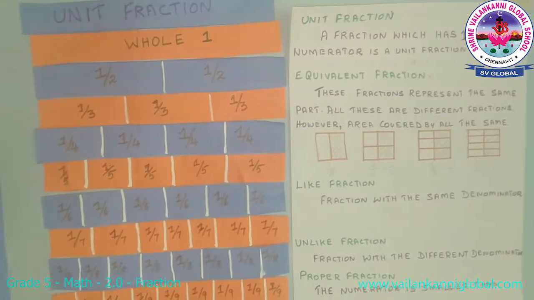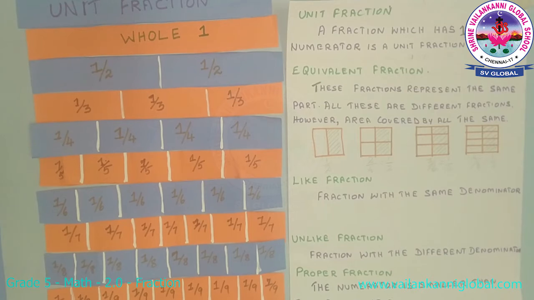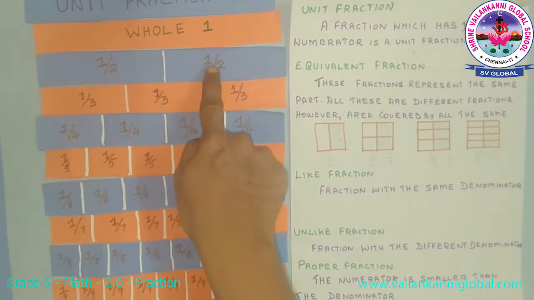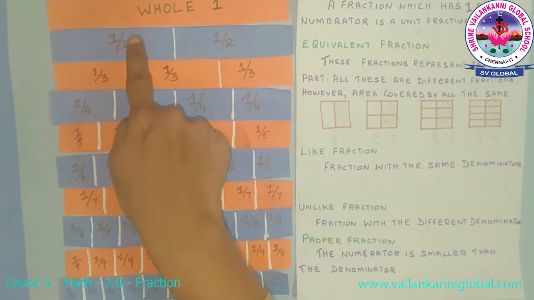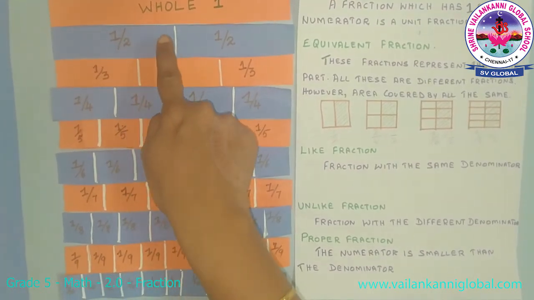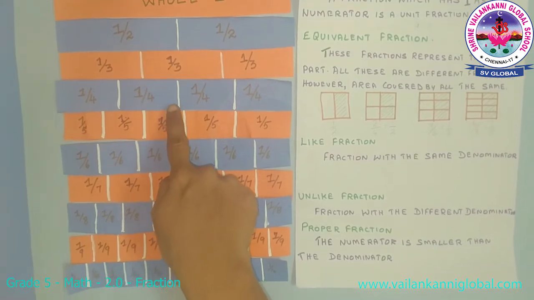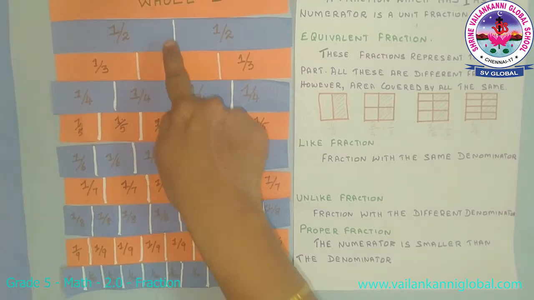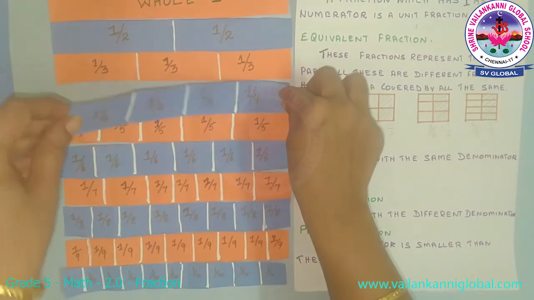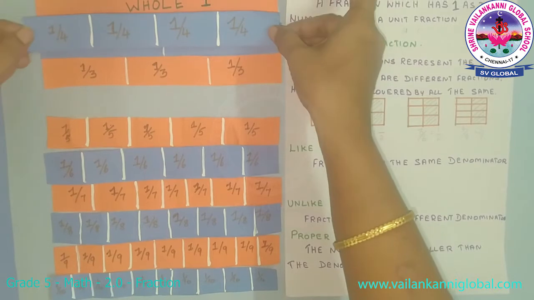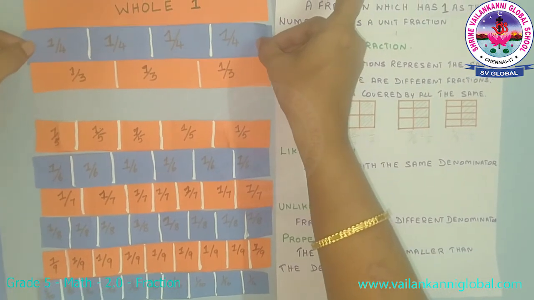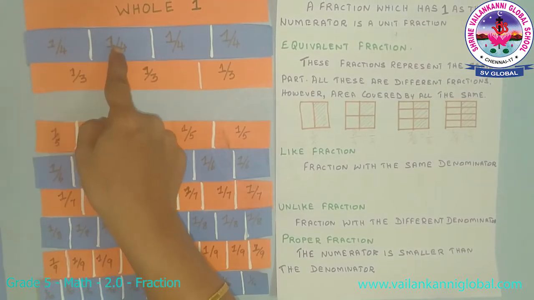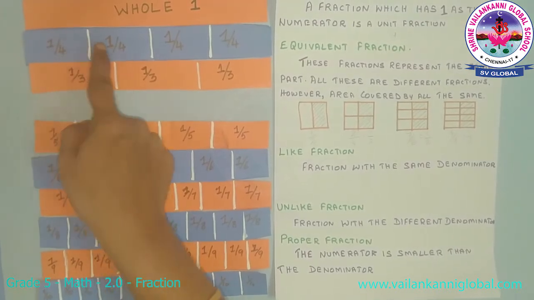Shall we find more equivalent fractions? See here, 1 by 2. The same portion, the same area, is covered by 1 by 4s. Can you see the white line which is equal to this? So how many 1 by 4s are here? 2.